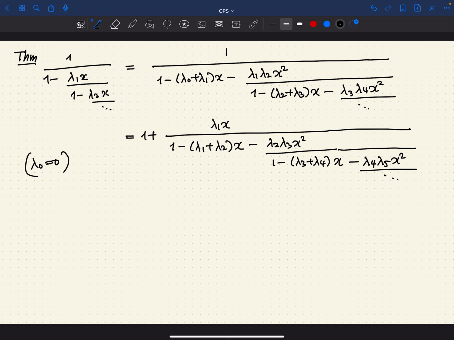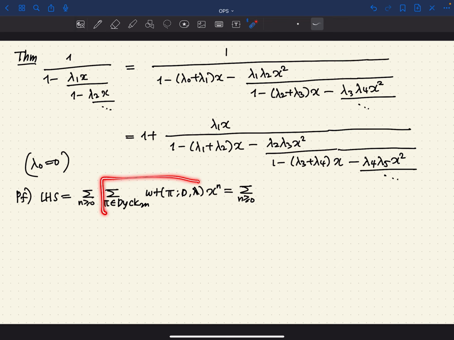Okay, the proof is really just combining the results that we already know. The left-hand side is equal to the generating function for all Dyck paths, weight lambda, x to the n, like I said, by Flajolet's theory.